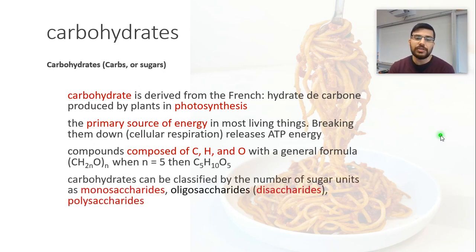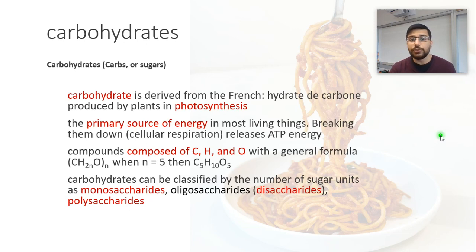Now, there's a couple of different ways that you can classify them, depending on how many subunits you're going to have for the sugar. So if it's just one single structure, we call that a monosaccharide. Mono for the word one, and saccharide for sugar. So a monosaccharide for 1 unit. If you have two, we call it an oligosaccharide. I prefer to call those disaccharides. Mono and di are a bit easier to understand.